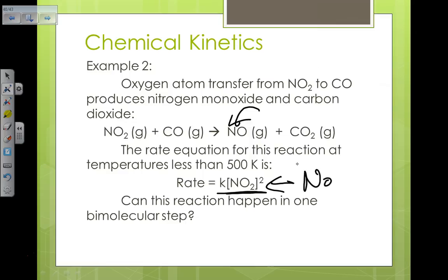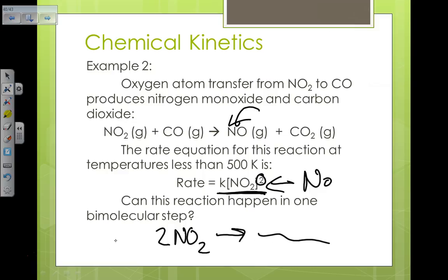Because the rate law has to reflect the stoichiometry, the coefficients, of the elementary step. And so that means that the elementary step has to be NO, and there has to be a 2 there, and that has to react to form something.